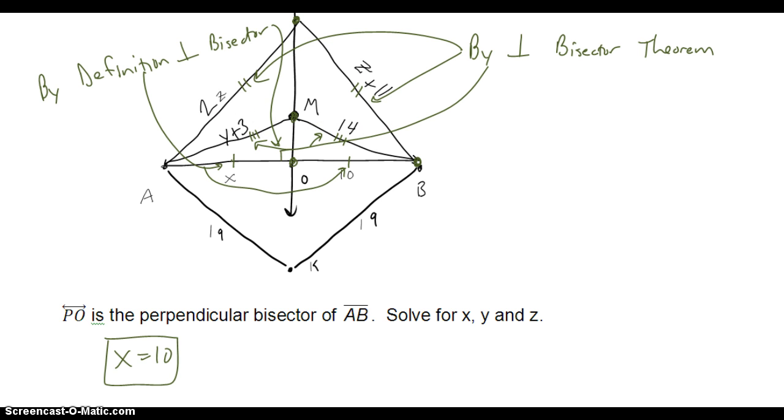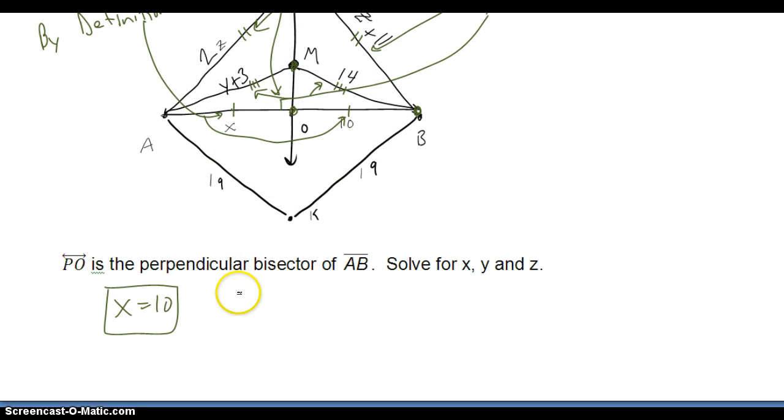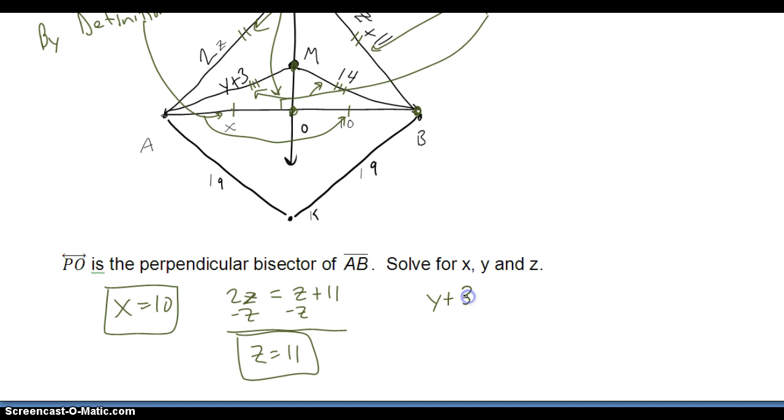So there's my two other equations. 2z has to equal z plus 11. Solve for z. I get z equals 11. I also know that y plus 3 has to equal 14. Solve for y. I get y equals 11.